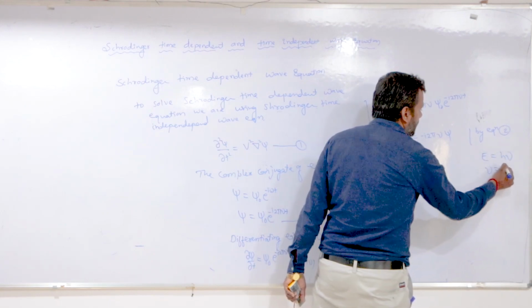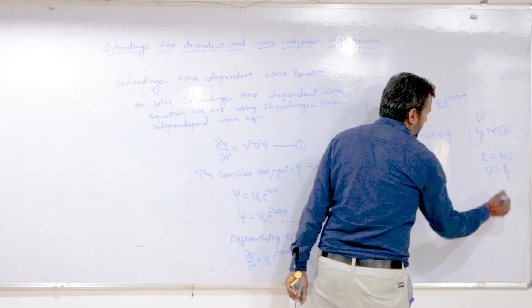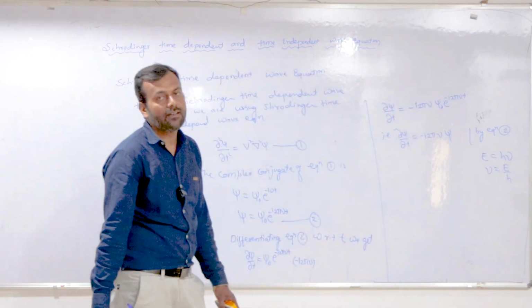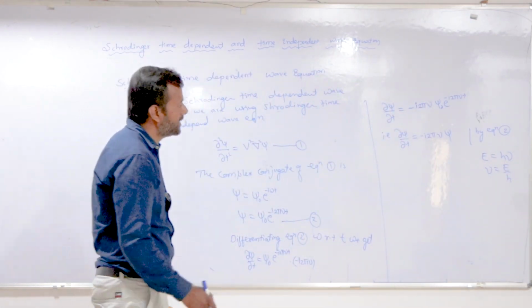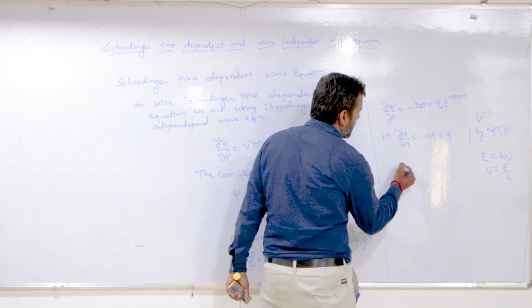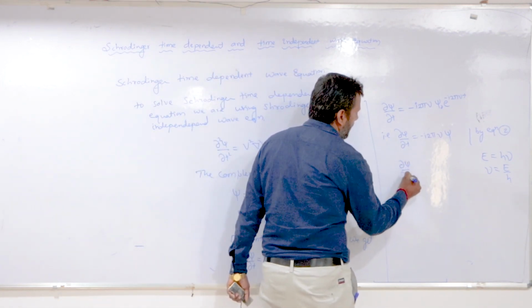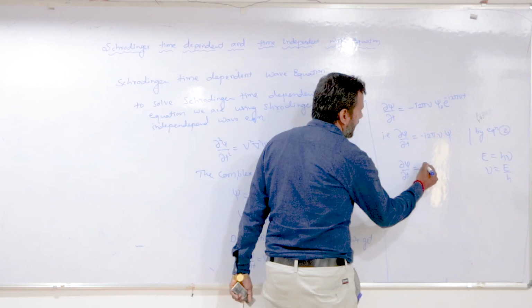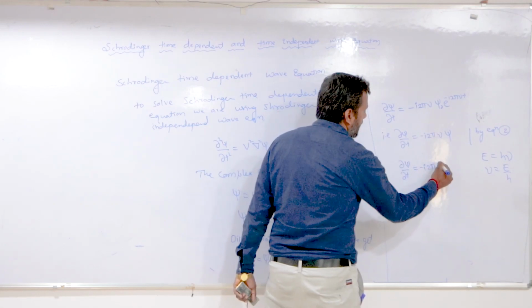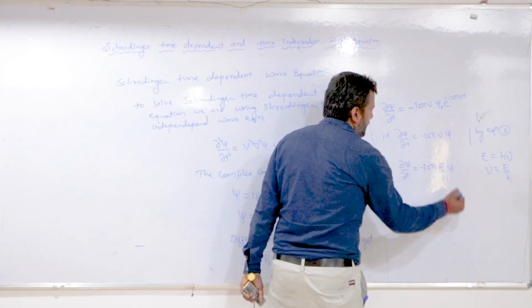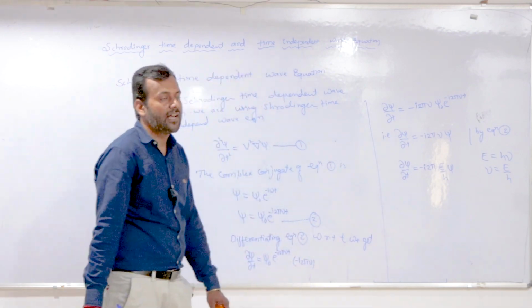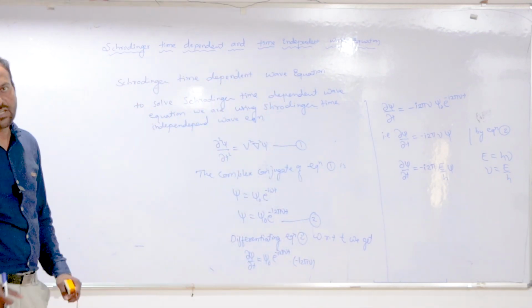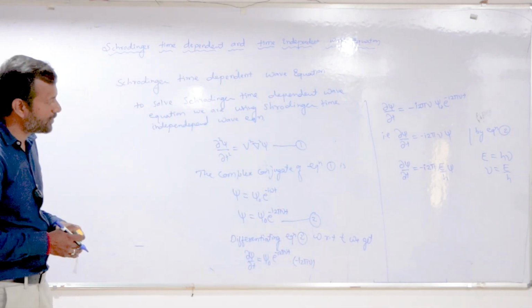So nu equals E upon h. So nu is the frequency, and it can be replaced with E upon h. So we will replace here, dou psi by dou t, which is equal to minus i 2 pi E upon h psi. As we already studied, h cross equals h upon 2 pi.